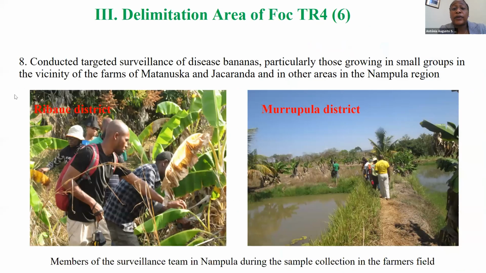This is showing some photos. The national surveillance team conducts targeted surveillance, particularly of small growers in the vicinity of Matanuska and Jacaranda, and in other areas in the Nampula region.